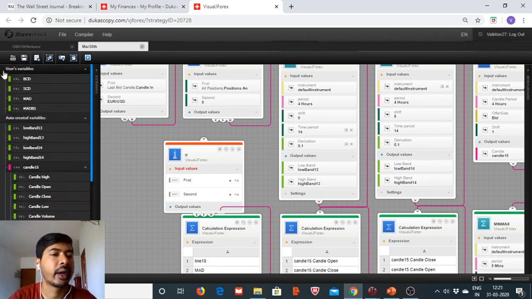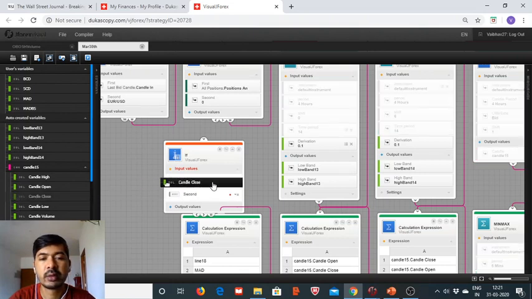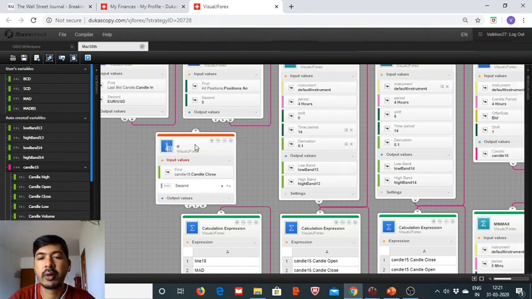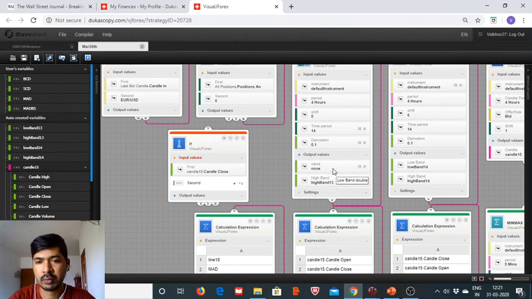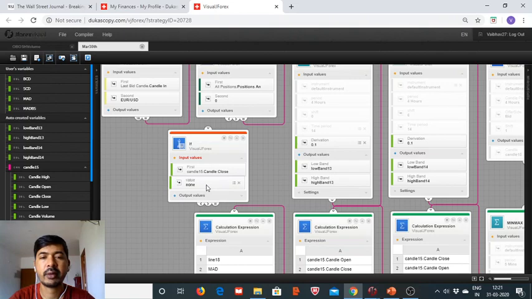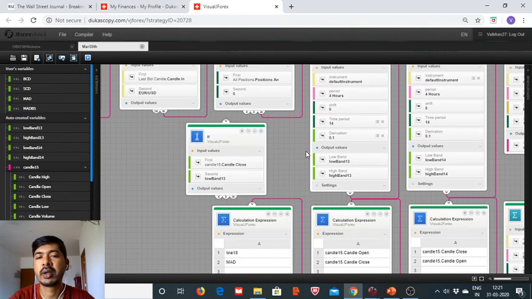So we bring in the candle 15th closing price, and it should have closed above the lower band. So this is our first requirement.